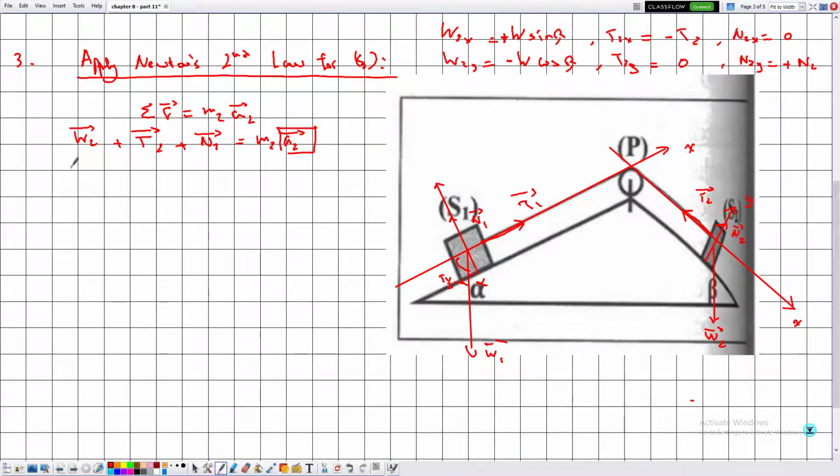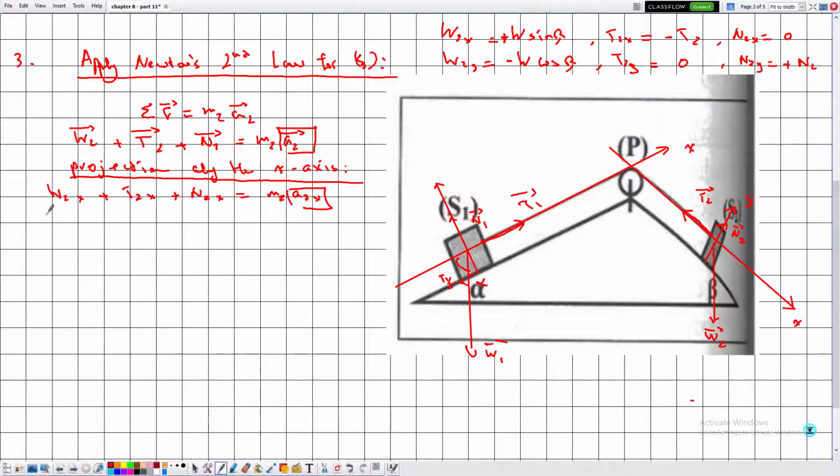So now, projecting along the x-axis, we simply drop the vector symbols, and each quantity carries the label x. We have W2x plus T2x plus N2x is equal to M2 A2x. We are interested in A2x.